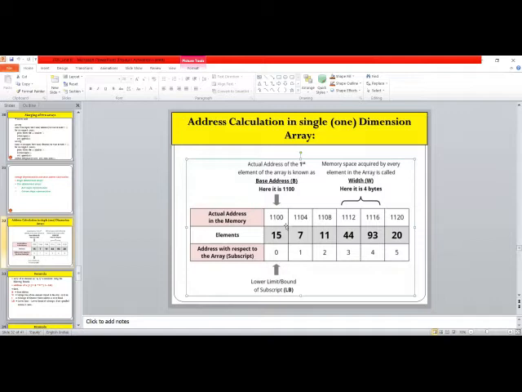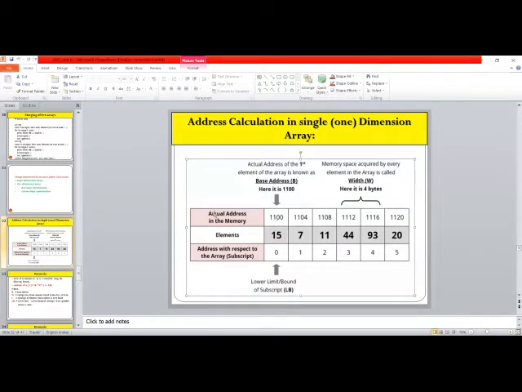As I told you earlier, an array is stored in continuous memory locations. It will have a particular starting address, and that starting address is nothing but the base address. As you can see here, the base address is 1100.